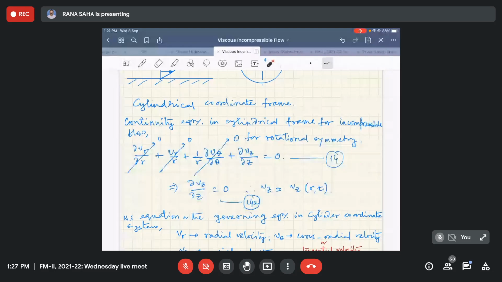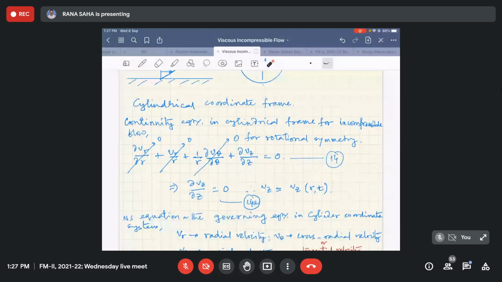That is typically the case for fully developed flow. But it could be a function of R and T. Why not theta? Because once again, due to axisymmetry, any quantity is not going to be a function of theta.